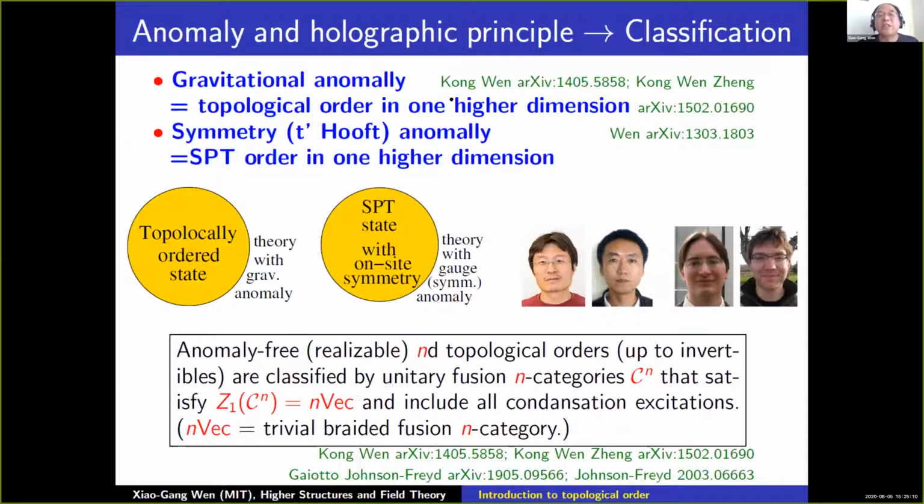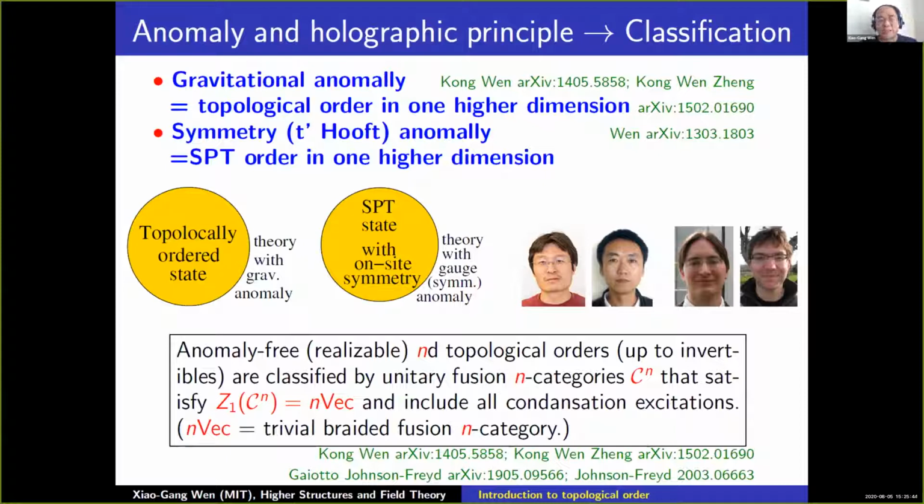So using this boundary-bulk relation, we can obtain the classification of anomaly-free topological order. A realizable topological order in n dimensions can be classified by the unitary fusion n category which satisfies this condition, meaning they have a trivial bulk. This trivial bulk is really the anomaly-free, or realizable, condition, and certainly this classification does not see invertible ones, so it is only up to invertible ones.